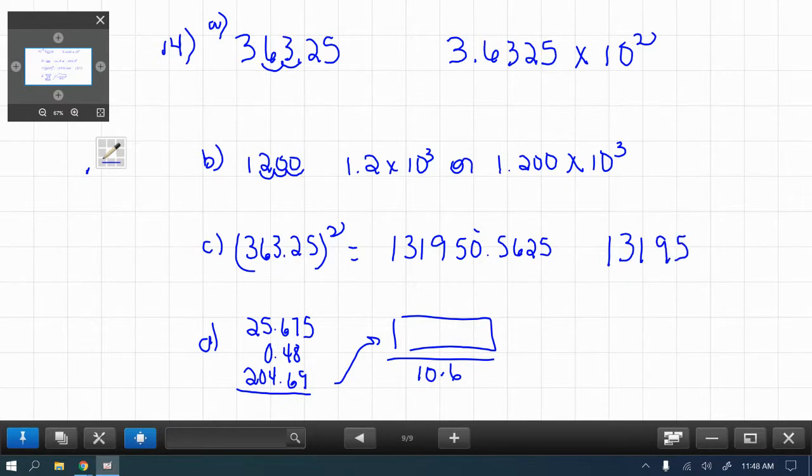1, 2, 3, no, it'd be 5, sorry. The 5 would be the last one, correct? Yes. So this would be times 10 to the 5th power, and so my 0 is actually over here. 1, 2, 3, 4, 5.